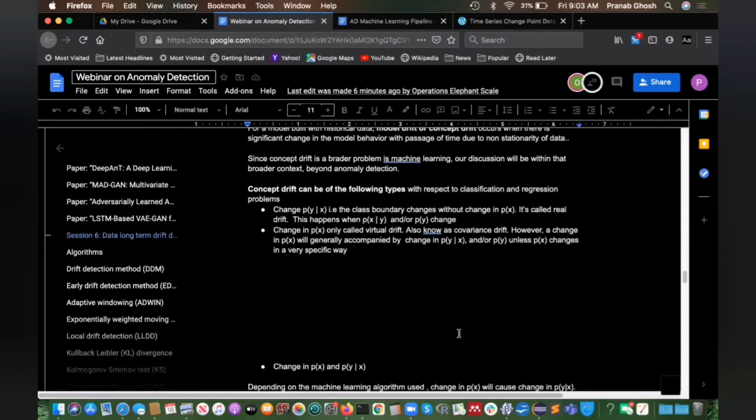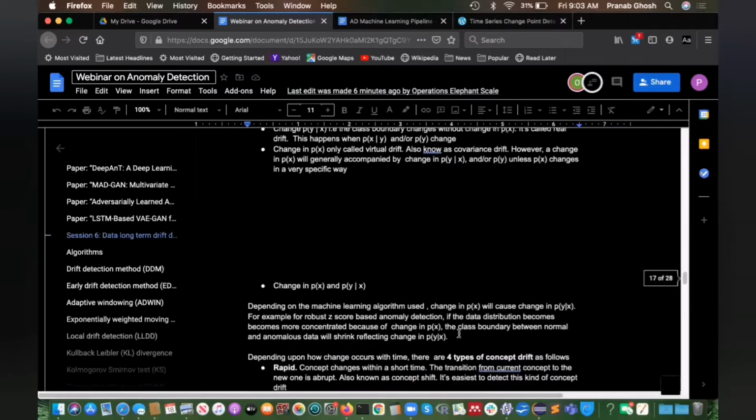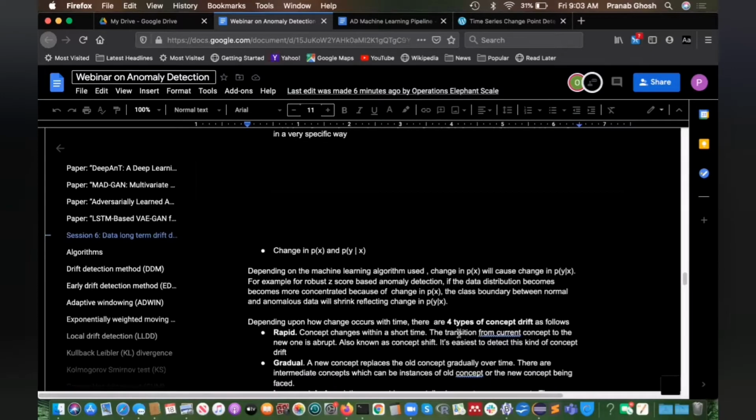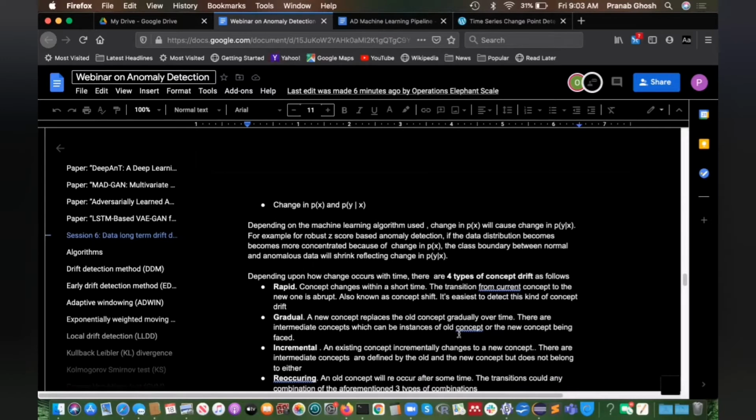In that case, the posterior distribution may not change, but you can't rely on that. Generally, it will eventually be accompanied by changes in the posterior distribution too. So that's what I meant by the last bullet point. Typically, a change in P of X will be accompanied by a change in the posterior distribution.